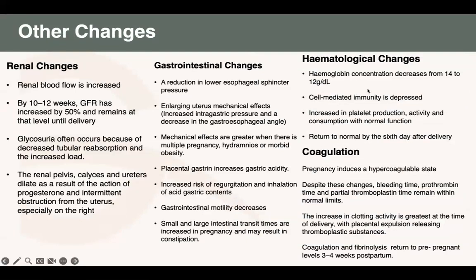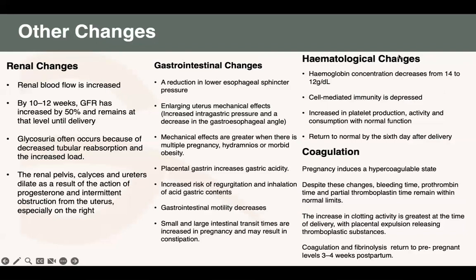In this slide, we show other changes that can happen in different systems. I'm going to hint at some of the key changes. In the renal system, you can notice increased GFR, or glomerular filtration rate, of up to more than 50%.